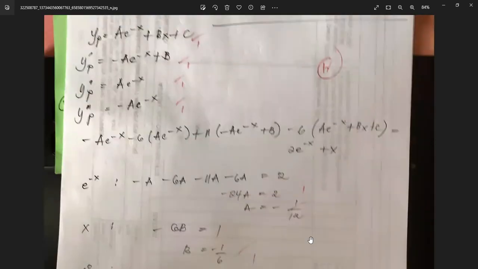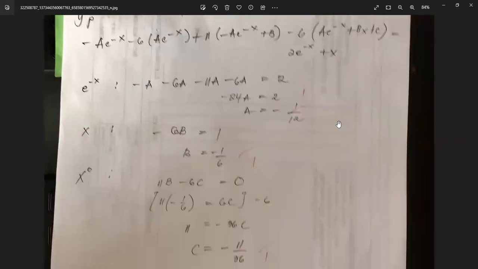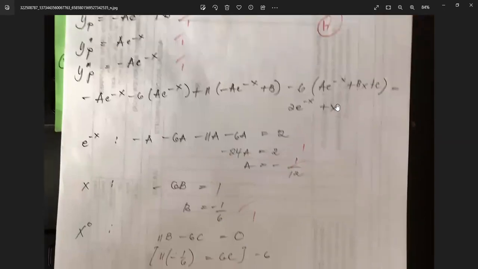You'll have your constant equal to negative 11 over 36. So the constant on the left, which is 11b and negative 6c, was copied here. There's no constant on the right. So it's 0. You substituted the b here and you'll have the c equal to negative 11 over 36.